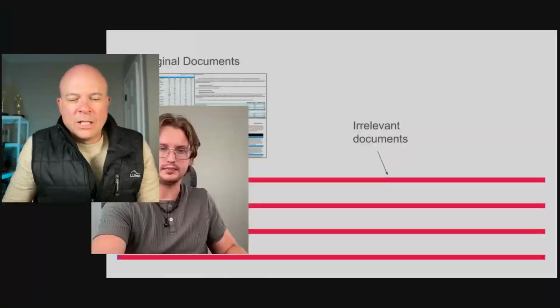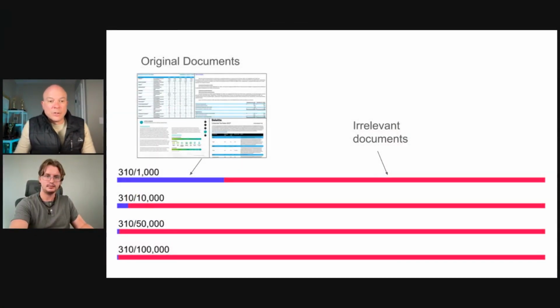You might get generally more performant across a wide range of questions, but your specific capabilities will start to degrade. And that's what we mean by saying that your accuracy will degrade as documents are added. Any particular question, your accuracy can start to go down.